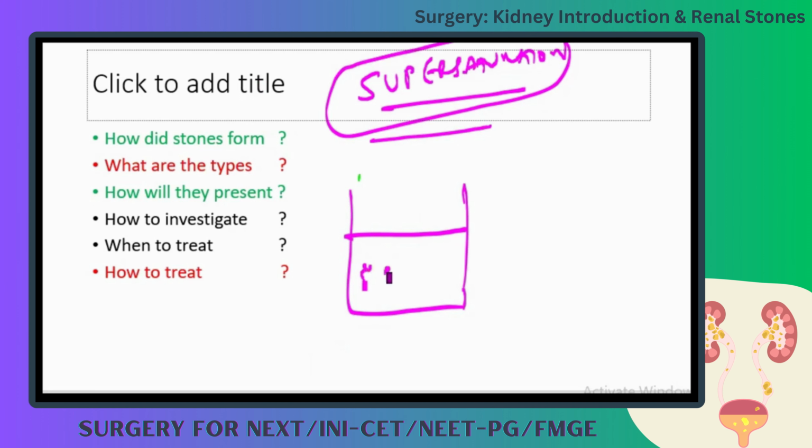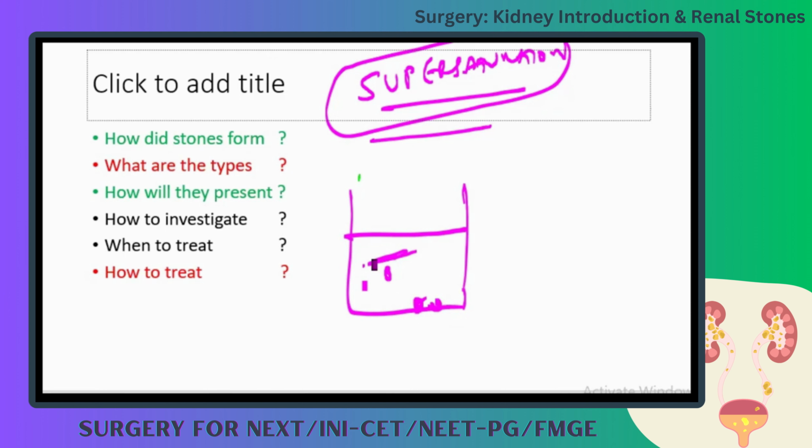If you keep on adding the salt, after a point the solution gets saturated. So what will happen after that? It gets precipitated, and then it enlarges, it crystallizes, it forms into crystals, and finally it forms into stones.